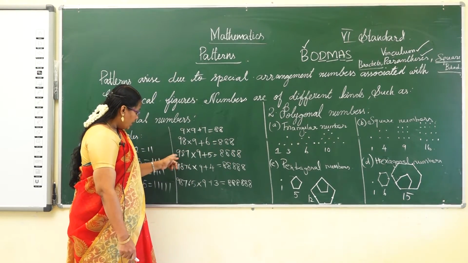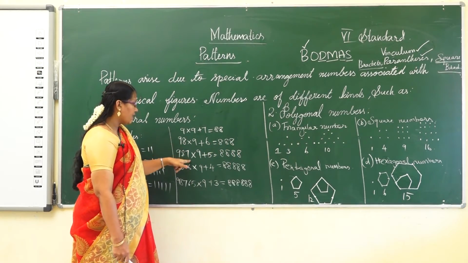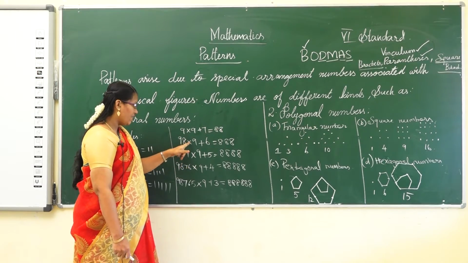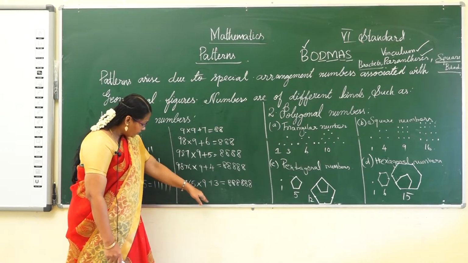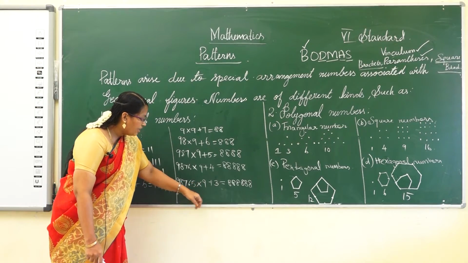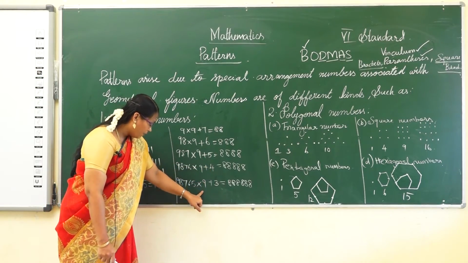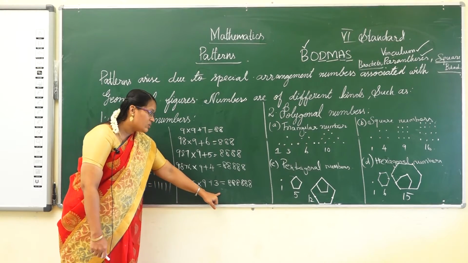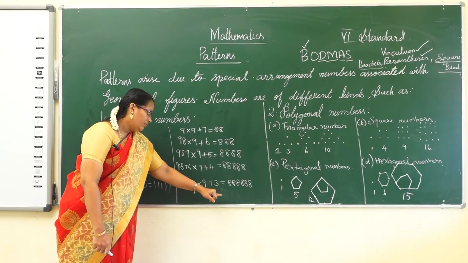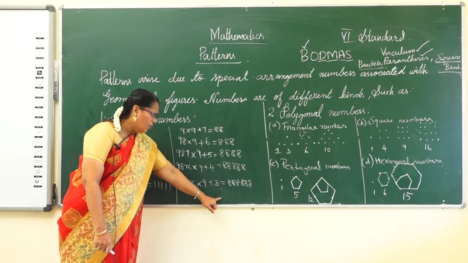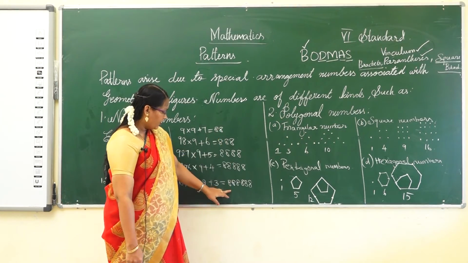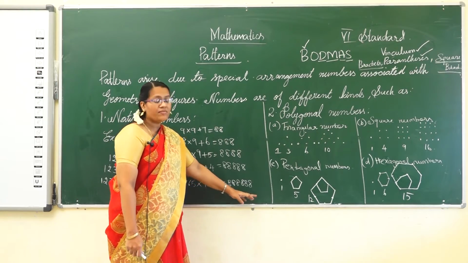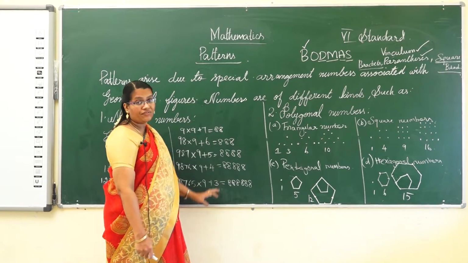Next, 987 multiplied by 9 plus 5, and after that 9876 and so on, up to 987654. Here the number is multiplied by 9, and the added value reduces from 7 down to 2. We get 888 and so on, 7 times of 8. This is one of the patterns.